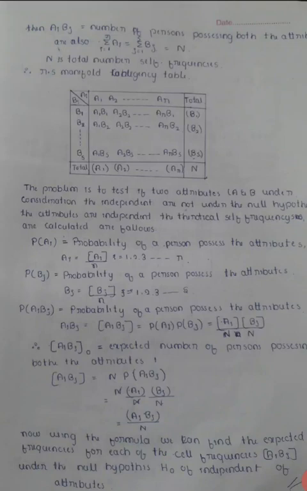Similarly, probability of Bj is equal to the probability that a person possesses the attribute Bj, that is (Bj) divided by N, j equal to 1 to s.